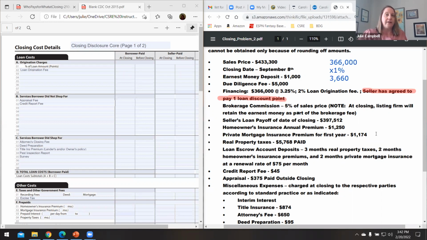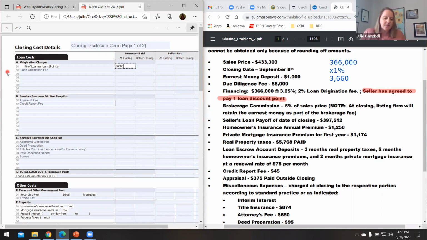So in order for the lender's paperwork to come out right, we still have to show this on our settlement statement as the buyer paying their discount point to the lender. So we still have to show that amount under A1 as the buyer paying the discount point.